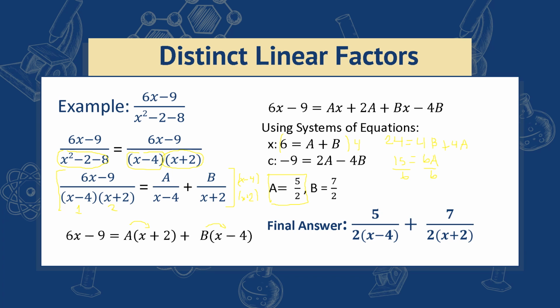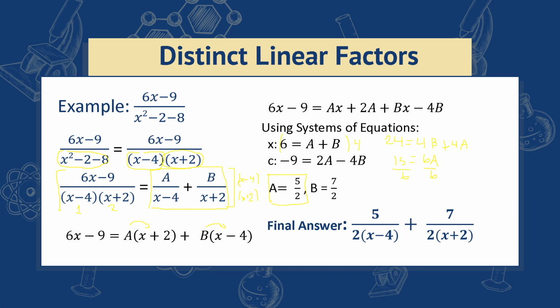For our value of letter b, we'll just plug in our value of letter a into one of the equations to get the value of letter b. After we do that, the value of our letter b would be 7 over 2. The next step, which some people might forget, is to plug in our values for a and b into the original form of the simpler fractions, which is this one.